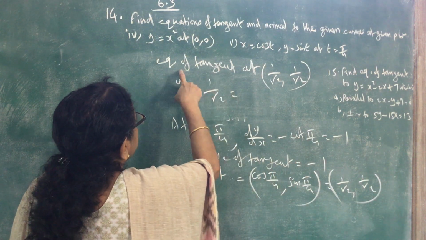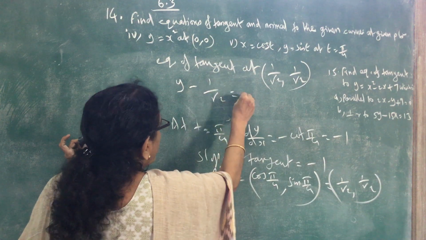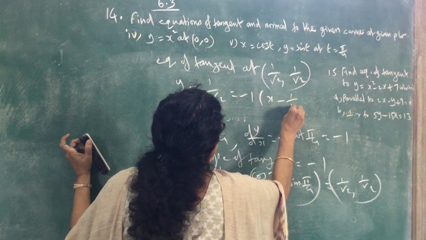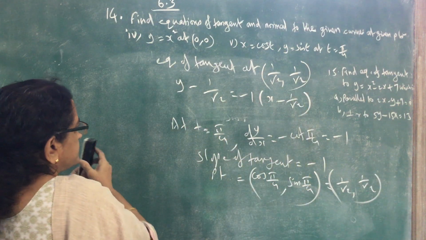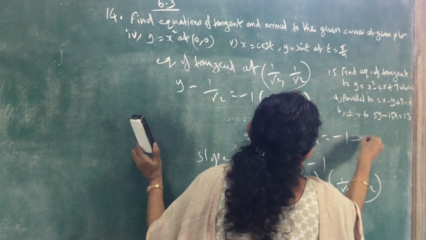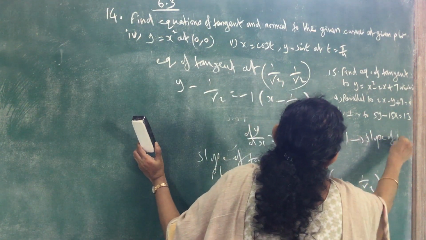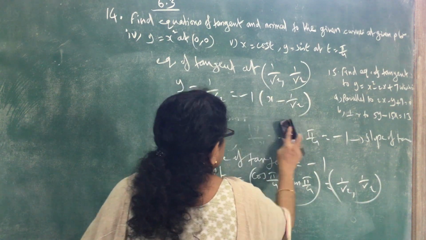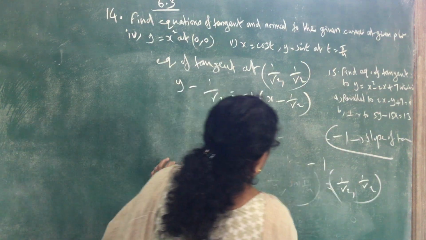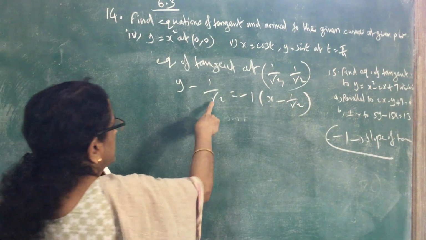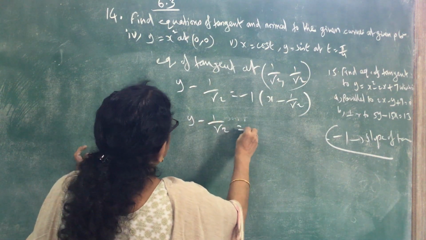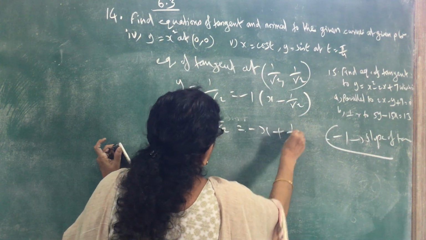We are finding the equation of tangent, so substitute the slope of the tangent, minus 1, into x minus 1 by root 2. So we get y minus 1 by root 2 equals minus x plus 1 by root 2.